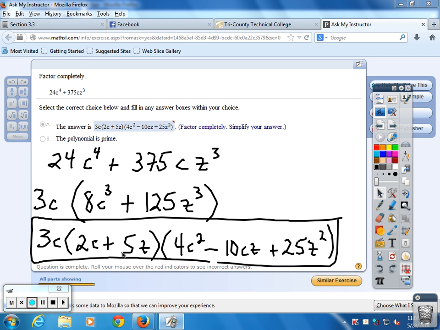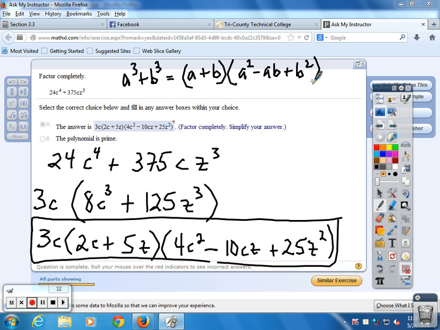The shortcut says A cubed plus B cubed, or A cubed minus B cubed, this is plus, is equal to A plus B, parentheses, A squared minus AB plus B squared. There it is.